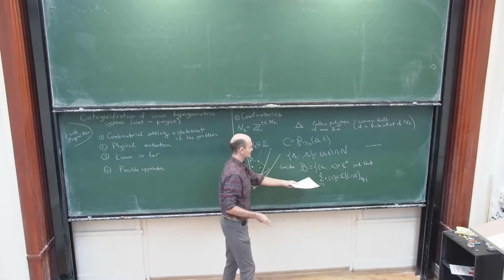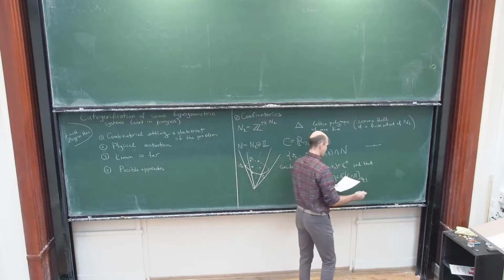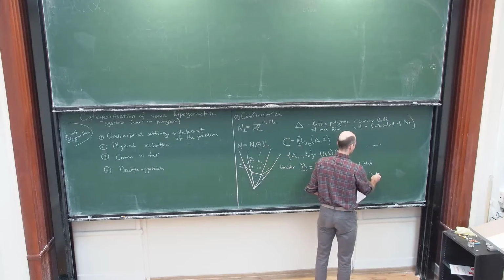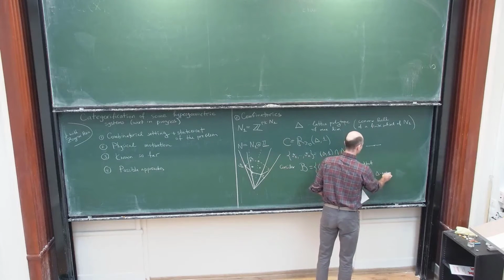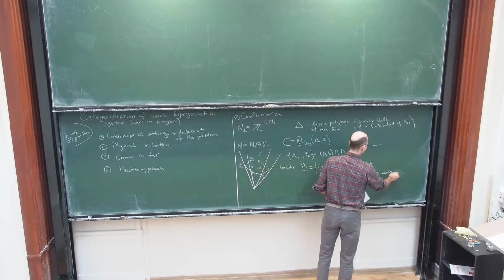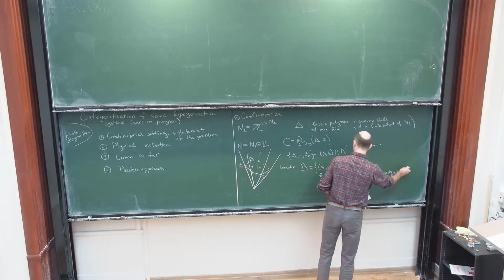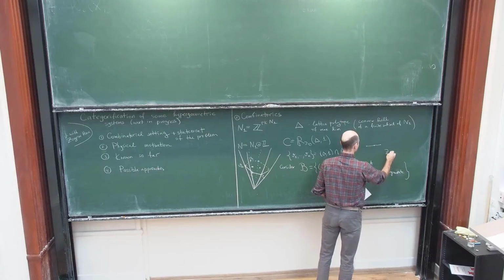So I'm looking at x's that are generic. More technical term is delta non-degenerate in the sense of Vaterev, but it's just some kind of Zariski open condition.